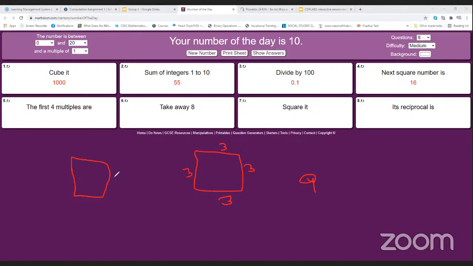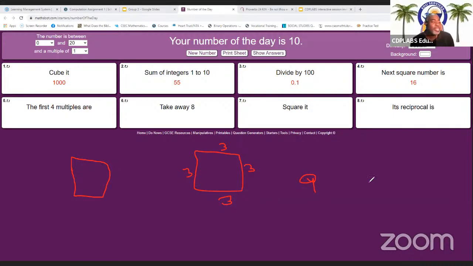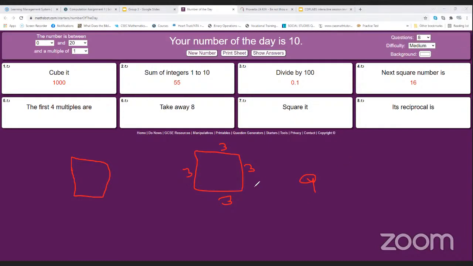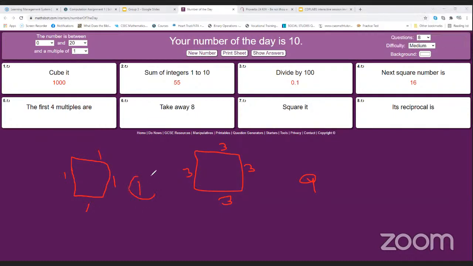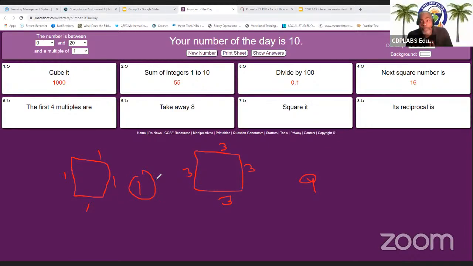No, 7 is not a square number. 1. Who said 1? Roxanne. 1 times 1 is still 1. So it is a square number.